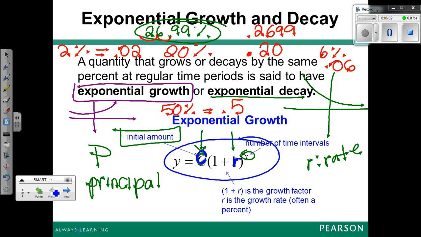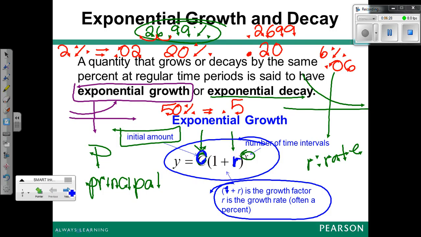Since we are increasing, we're talking about exponential growth, so we will have 1 plus the rate. What do you guys think the 1 stands for? The base amount, right? If we were just to multiply by 0.10, then we're losing what was already there. That's why we have to use that 1.